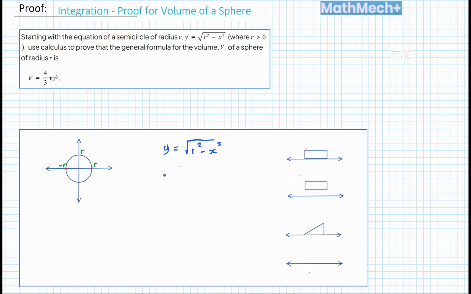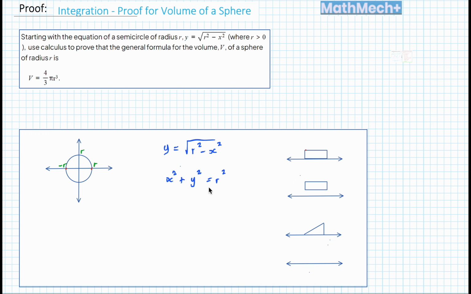Just to make it clear, the equation of a circle in its basic form is x squared plus y squared equals r squared. And when you rearrange that, you will cancel x squared on both sides and bring it over. So you'd have r squared minus x squared, and then of course your square on both sides becomes the square root when you cancel it on both sides.